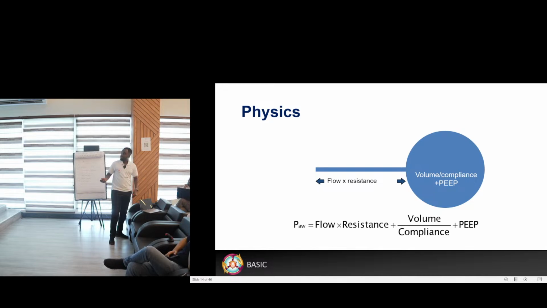So that's the resistive component. And then we have the elastic component, the one that expands. The elastic component should be our alveolus. So if I'm the ventilator and this is the balloon, I'm using pressure to expand the balloon.